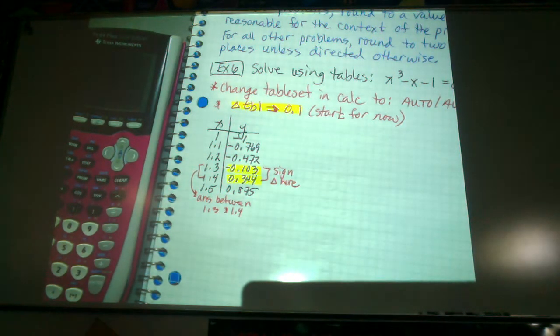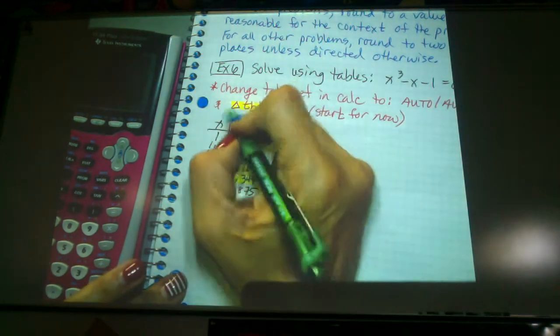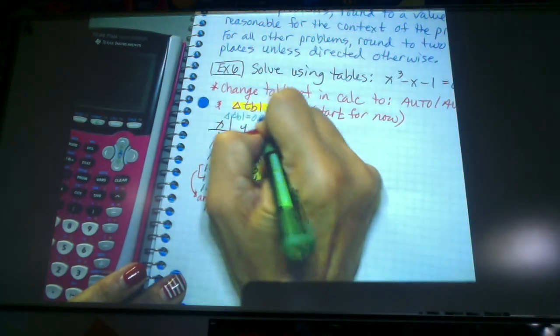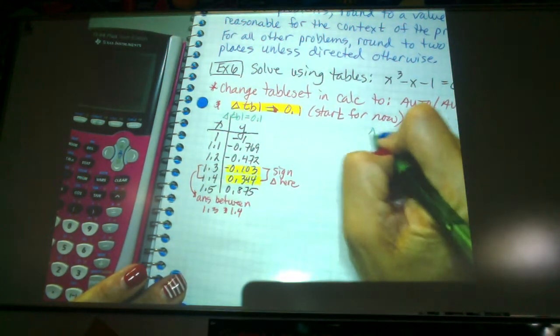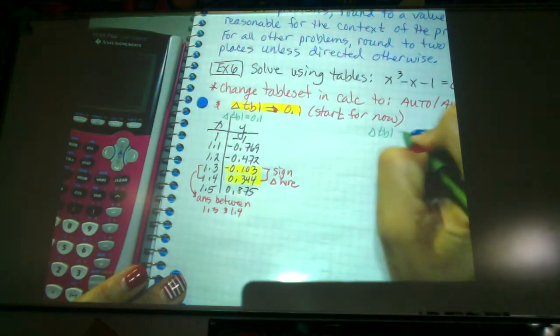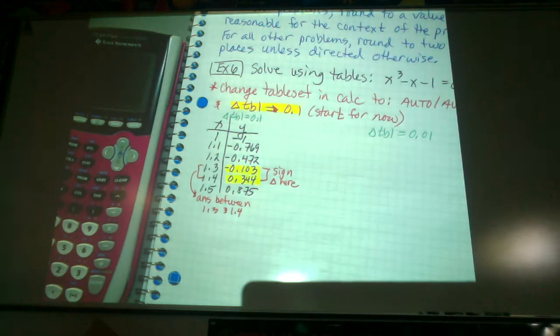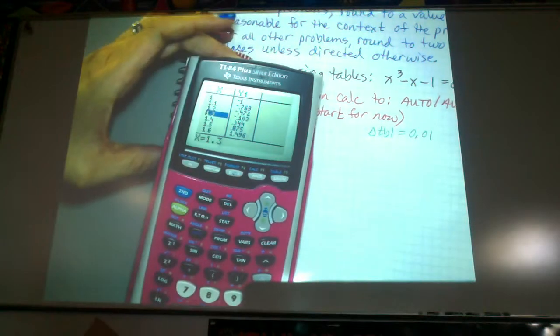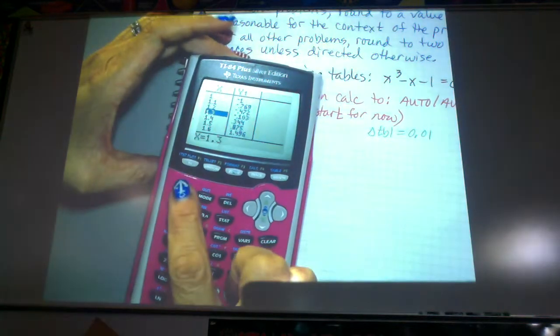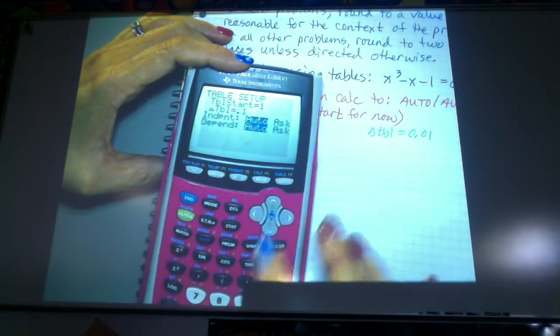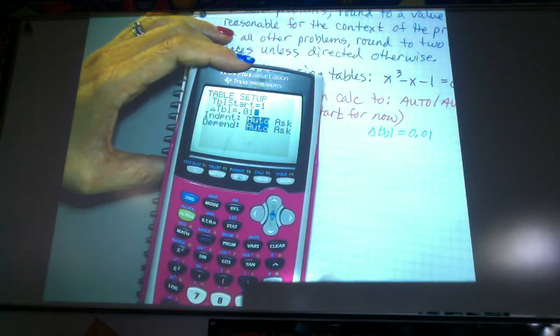So we want to make our estimate even more accurate. So this table set was at delta table equaled 0.1. Now we want to do delta table at 0.01. We're getting one more digit of decimal accuracy. And so we're going to go into table set and change it again. So second table set, just scroll down to change table and change that to 0.01.